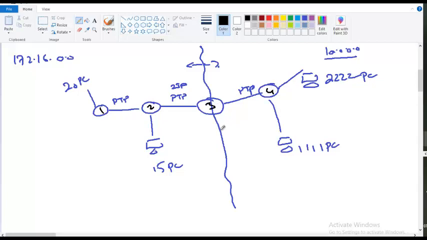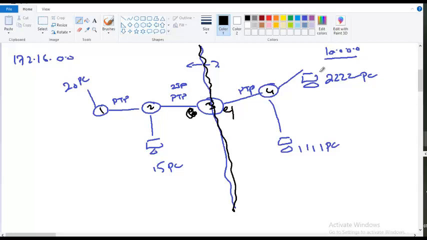So one side it is 172.16, the other one is 10.0. On router 3, Ethernet 0 should be 172.16. On router 3, Ethernet 1 should be 10. Okay. All right.